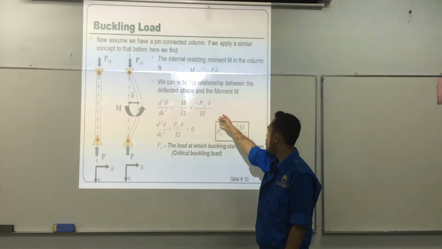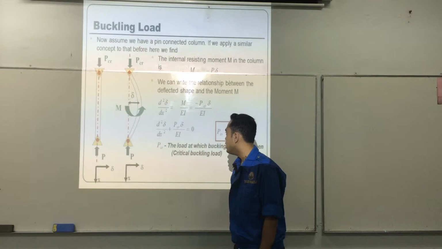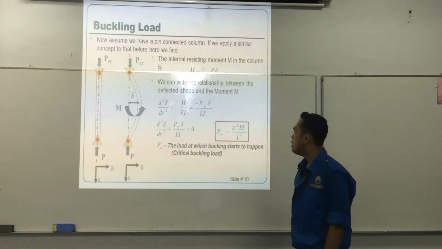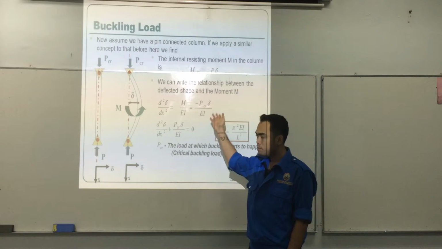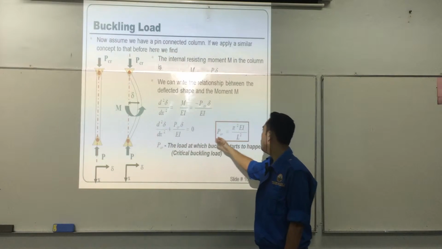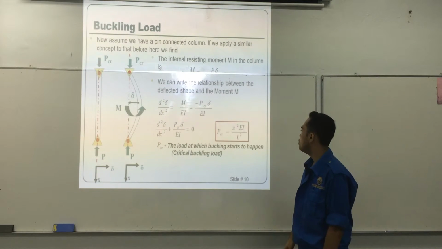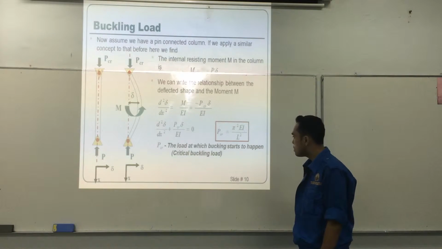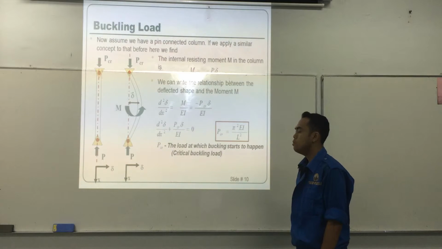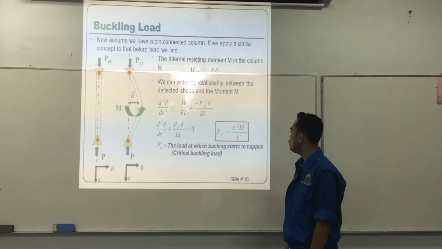We can write the relationship between the deflected shape and the moment M, and differentiate it: d squared y over dx squared equals M over EI equals negative P y over EI. As we substitute, the final answer will be P critical equals pi squared EI over L squared, where pi is 3.14, E is the modulus of elasticity, and I is the moment of inertia.